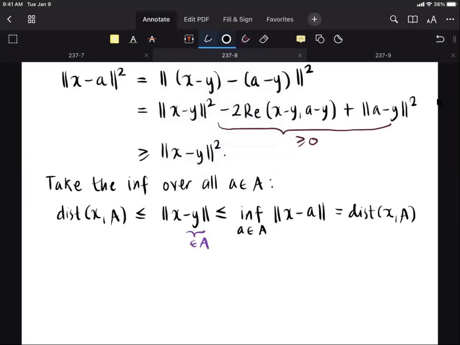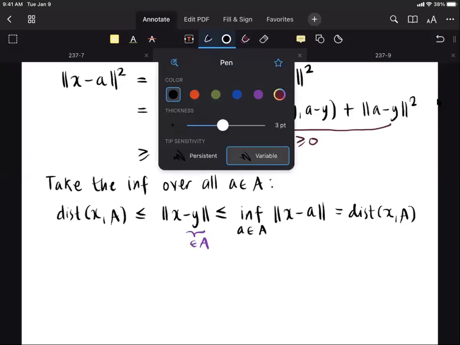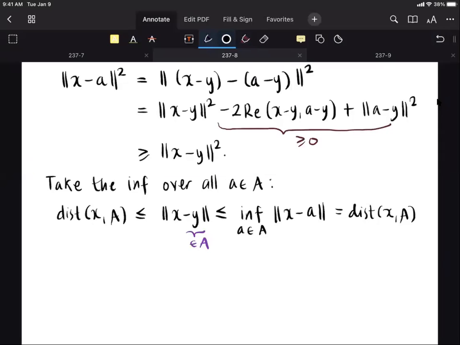As a result, the distance of x to y is equal to the distance of x to A. And from the definition of our projection, we now conclude that y should be the projection of x onto A. And this is the reverse direction.